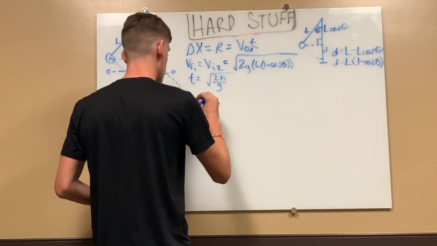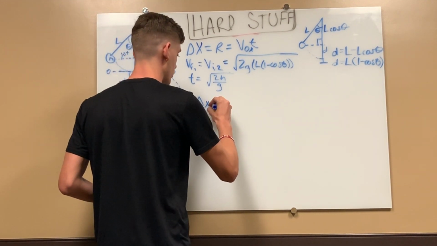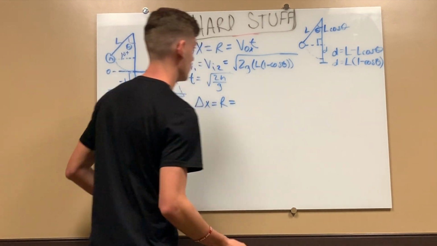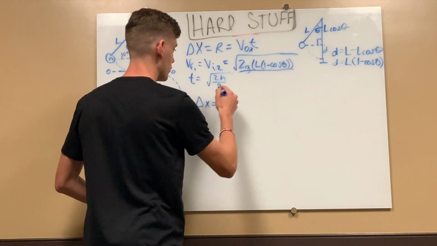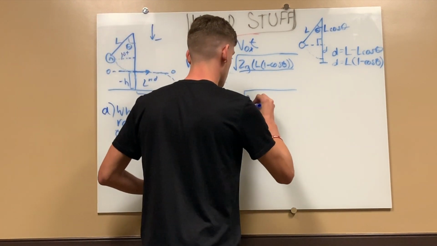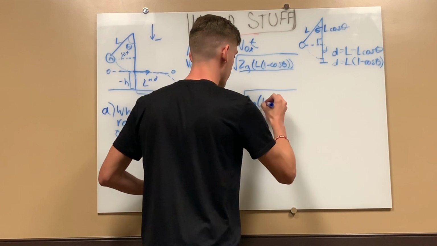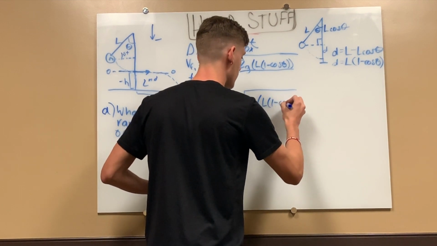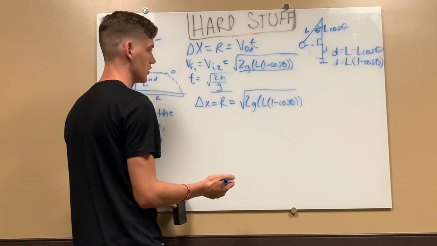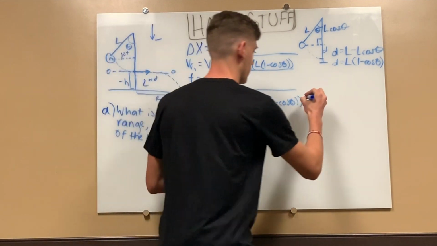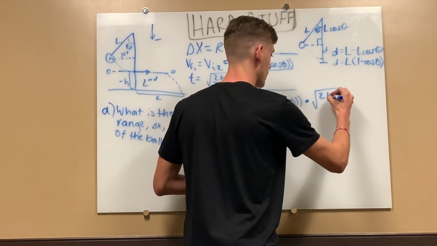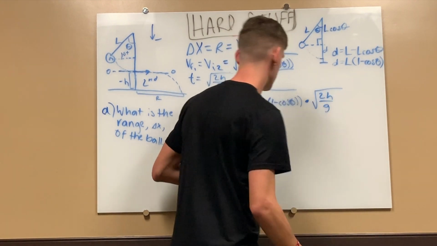So our delta x, which is equal to r, which is what we're actually solving for, is equal to this multiplied by this. So we have root 2g L (1 minus cosine theta), which is our initial velocity, times our time, multiplied by root 2h over g.